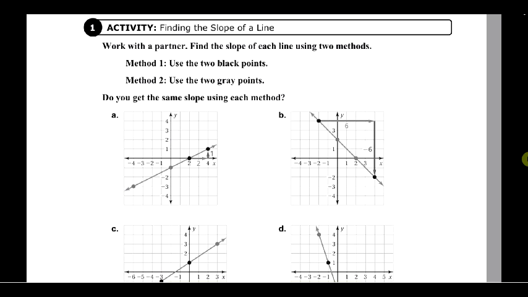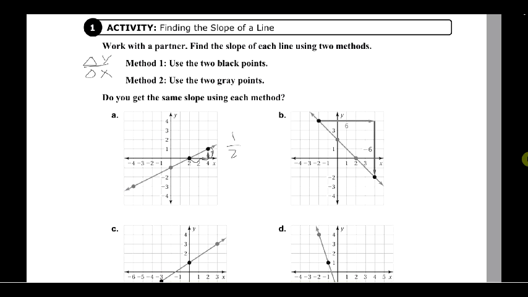If you guys want to write that, just sort of right next to your methods, change in y. Remember that triangle's change, and over the change in x, so you don't forget. Here they have the change in x already counted here as 1, 2, and the change in y is 1. So for the black points, if you were to put that as a fraction, you would have the change in x, 2, and the change in y, 1, otherwise known as 1/2.